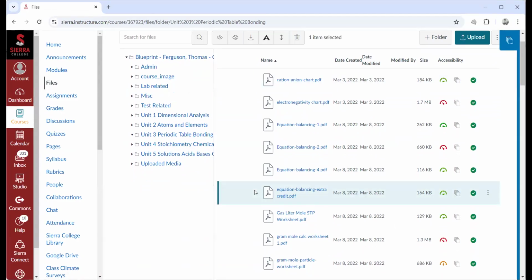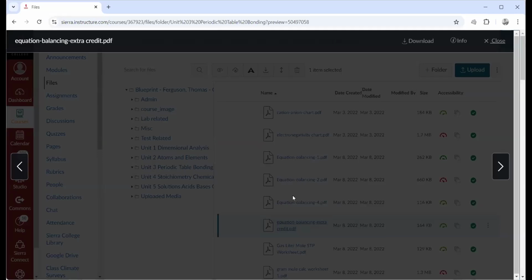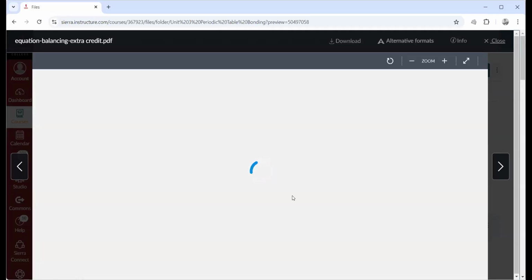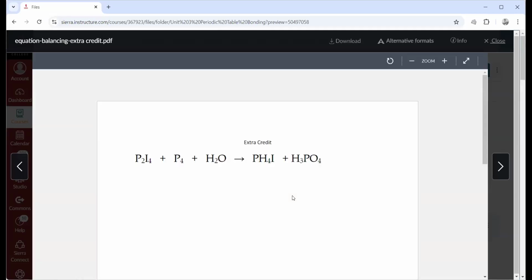That's the extra credit problem. It's not balanced and it's hard, otherwise it wouldn't be extra credit. So if you want to do that, bring it in when we take test 3, and turn it in at the same time.